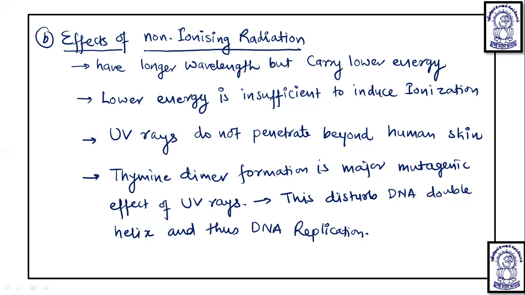But the second mutagen which we are going to discuss is chemical mutagen. If we talk about chemical mutagen, here a large number of chemical mutagens are known.